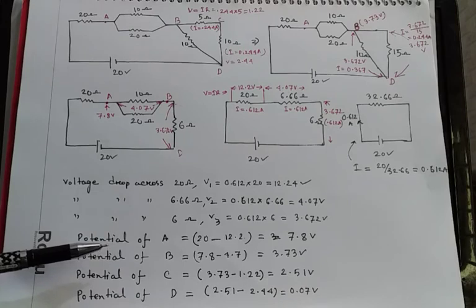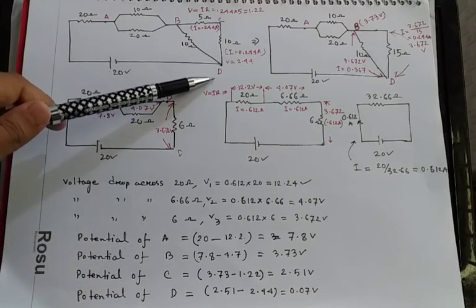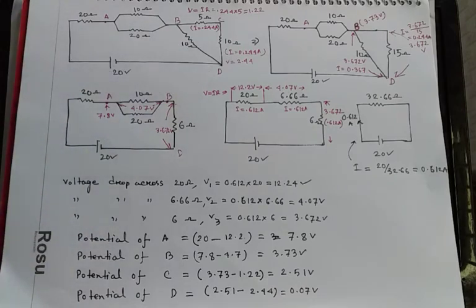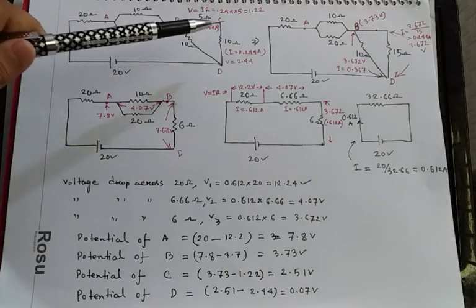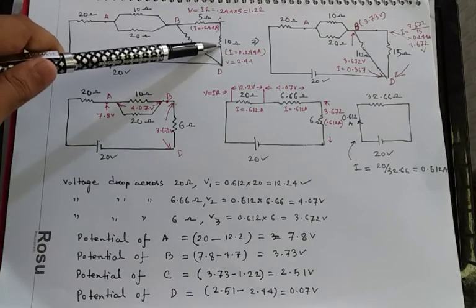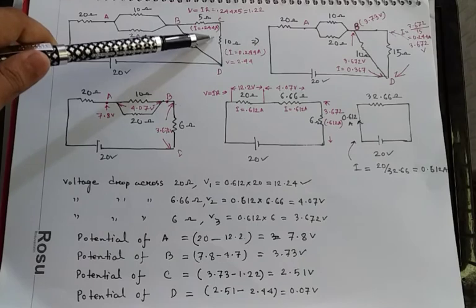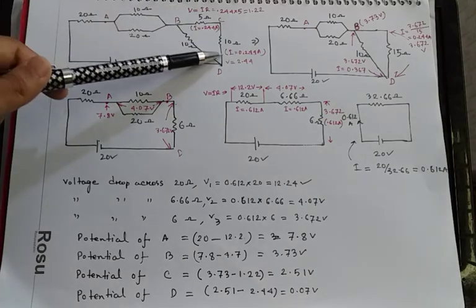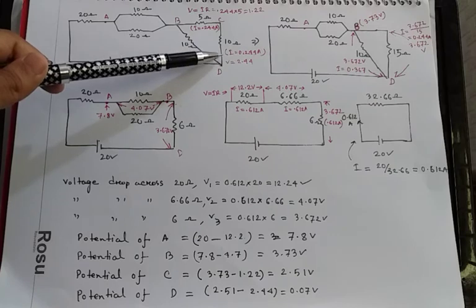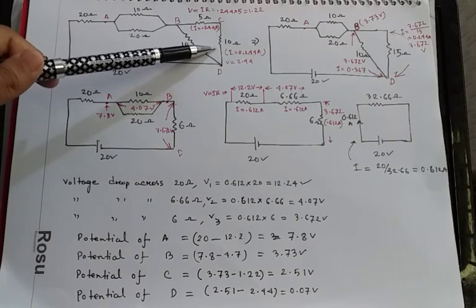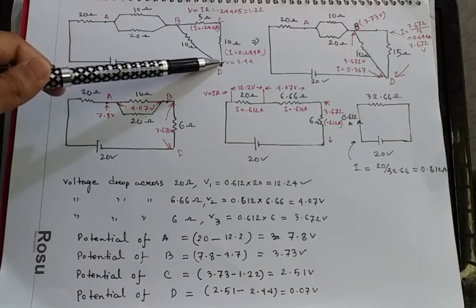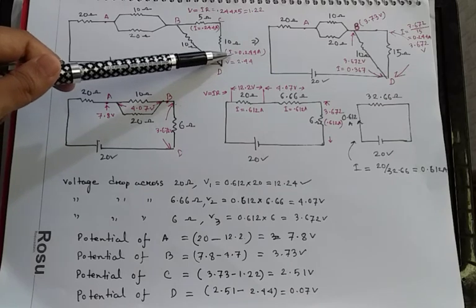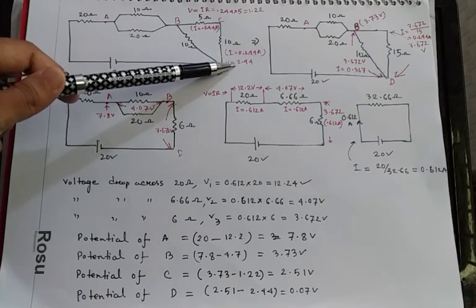Now the remaining one is D. We have to measure the potential of D. So for getting the potential of D, we have to calculate the drop across the 10 ohm resistor, and for that we have already measured the current, 0.244 amp. So from there we get the voltage drop across this 10 ohm resistor. It will be V equals IR, that means 0.244 into 10, that will be 2.44.